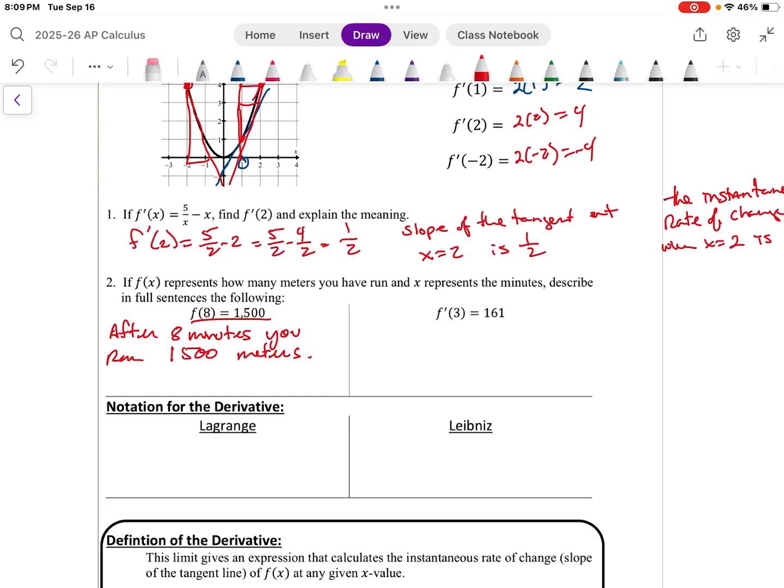Now, notice we have the notation f prime of 3. Remember, f prime is the slope. It's the instantaneous rate of change.